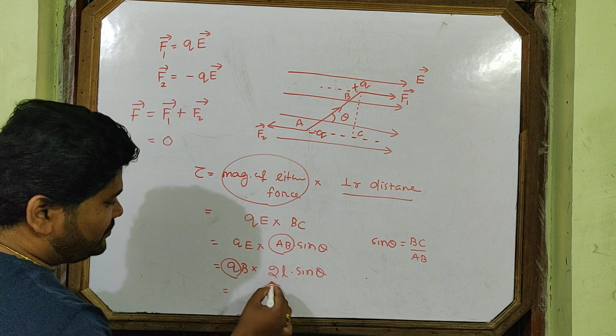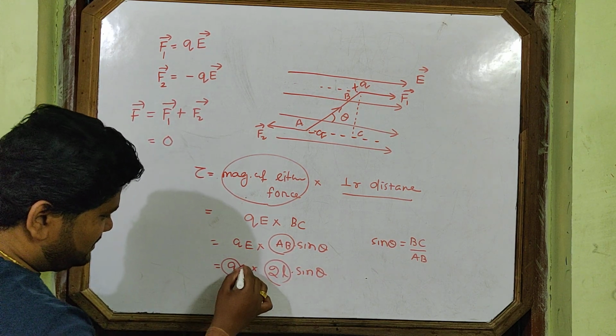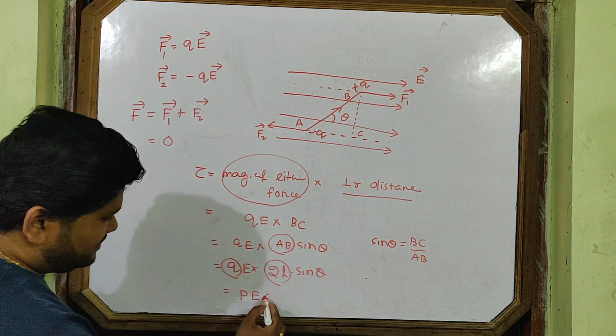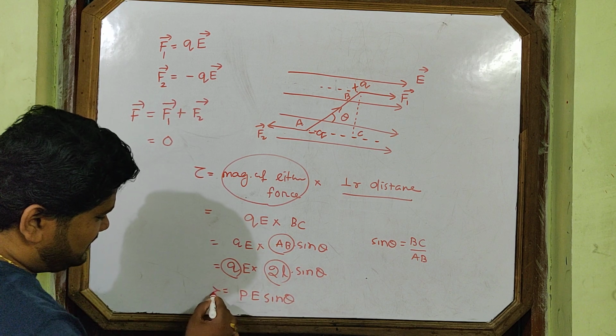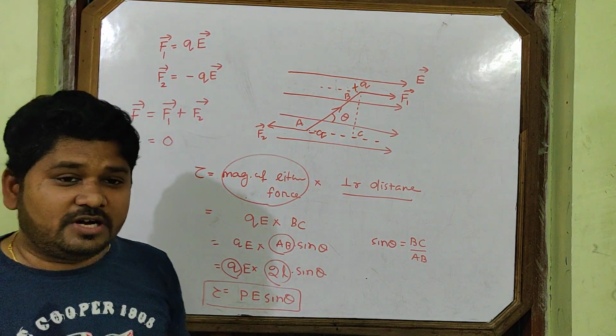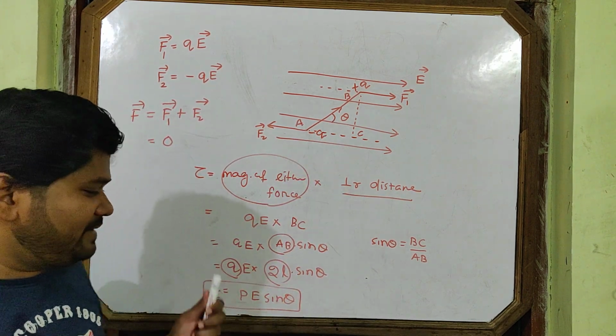So Q into 2l is which quantity? Dipole moment P. So torque is PE sin theta. This is the expression of the torque on the dipole in a uniform electric field.